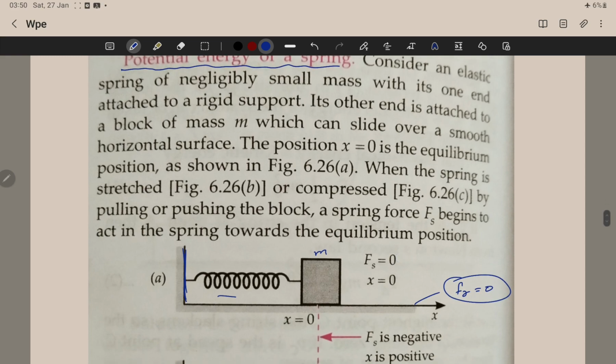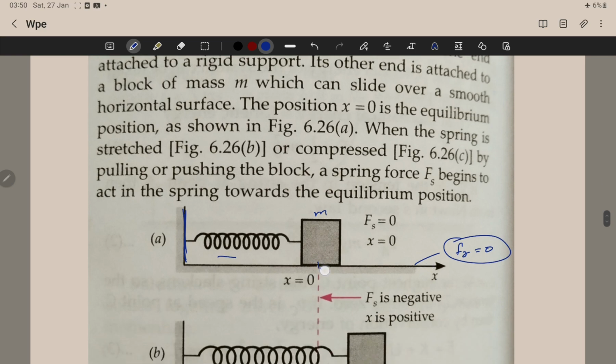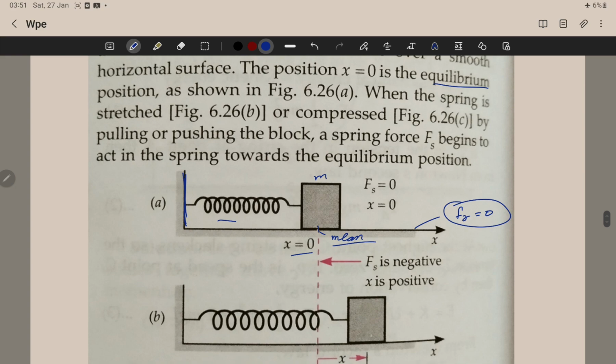Okay. So the position x is equal to 0. This is the mean position, or equilibrium position. At the mean position, x is 0. When we stretch the spring or compress it by pulling or pushing the block, a spring force Fs begins to act towards the equilibrium position.